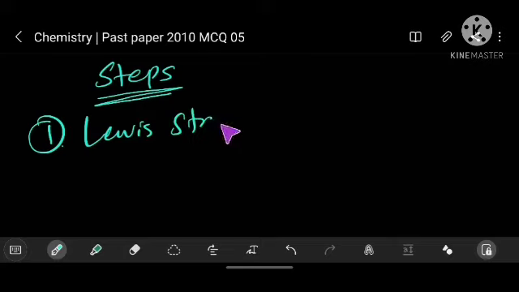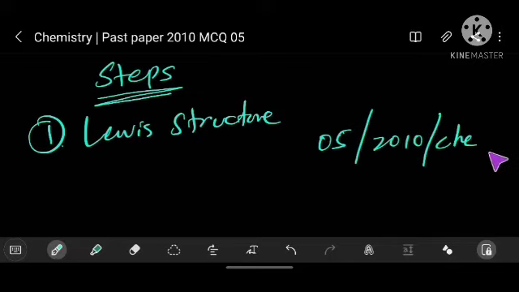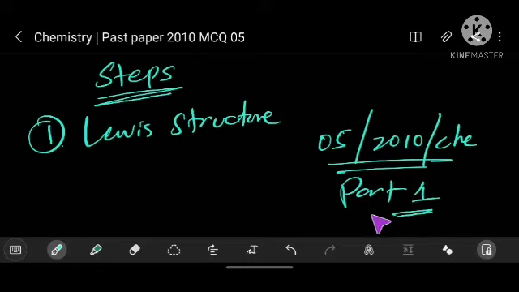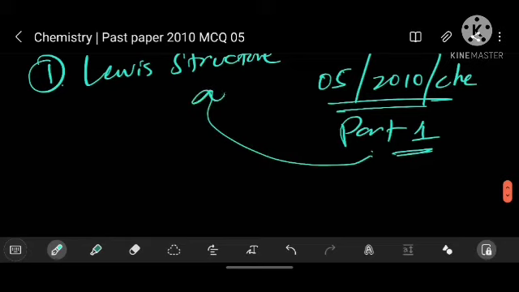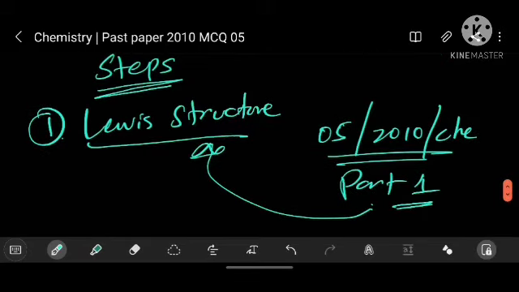I have explained this already, so you can go and check question number 5, part 1 of the 2010 chemistry past paper, where I have explained the Lewis structure in detail. So you have to draw the Lewis structure first.